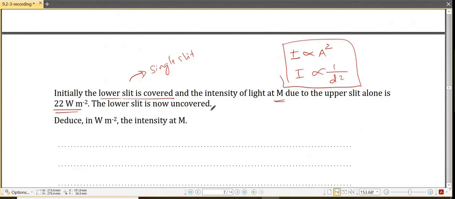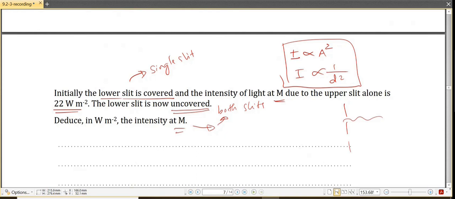The lower slit is now uncovered. So now both the slits are working. Deduce in W per meter square the intensity at M. So now you have both slits working. So what will be the intensity? Of course, when you have one slit, we can say one wave is reaching.